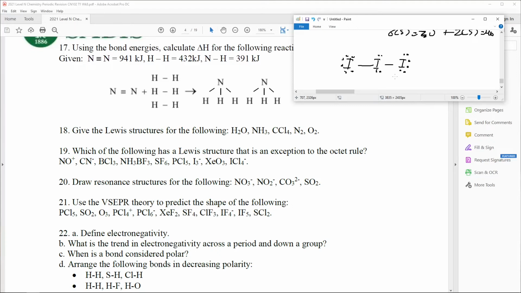You add one more because it's an anion, or negatively charged, so you have 22 electrons. Let's calculate this manually. You have 6, so that's 12. Actually, an easier way to calculate would be 8 plus 4. So 8 times 2, which is 16, plus 4, that gives you 20 electrons.